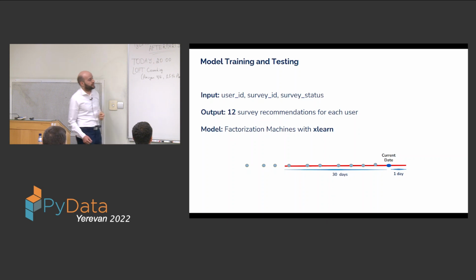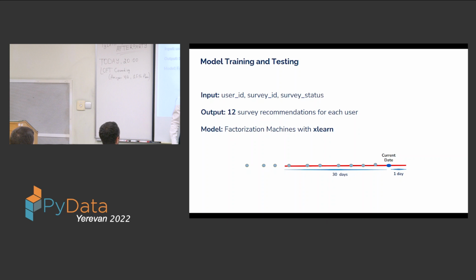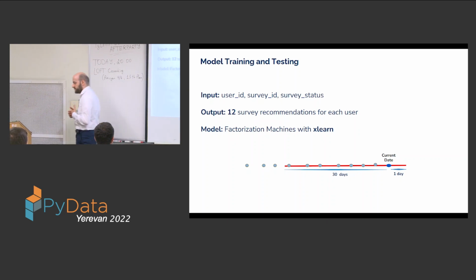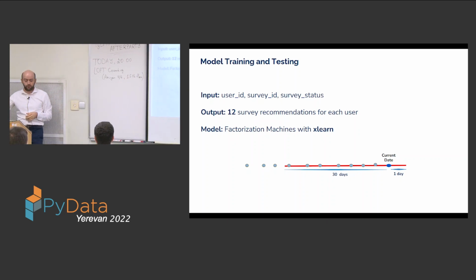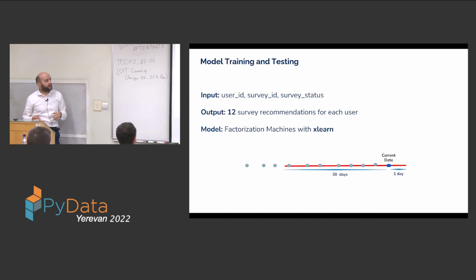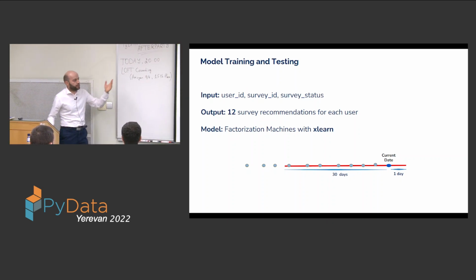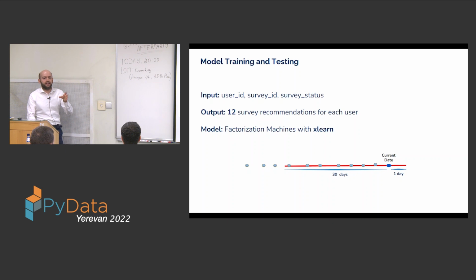So here we are taking the last 1 month's data, and then we are training the model, and then we take the next 1 day's data, and we are assuming that in the next 1 day this user attempted this survey. The model does not know about this data, and we are calculating the probability that this user will complete this survey, and we have the actual value.